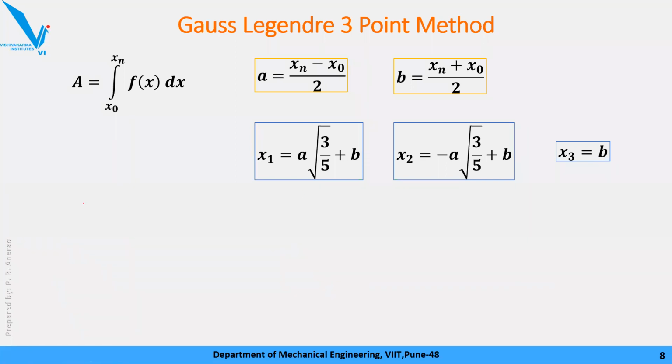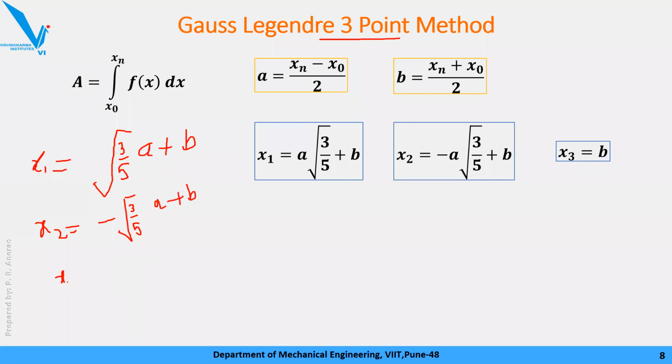Almost similar approach. x1 is equal to a plus b, but as we are dealing with the 3-point method, the magnitude or the weightage is root 3 by 5. For x2 the weightage will be minus root 3 by 5, and for x3 the weightage of a is 0, so 0 times a cancels out, and we have only x3 equal to b.